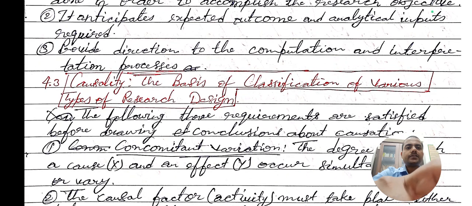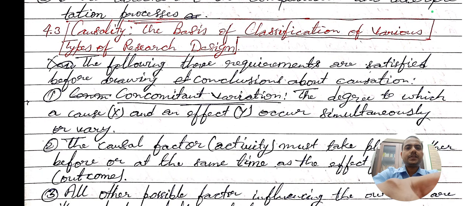Causality is the basis of classification of various types of research design, meaning various types of research designs are classified based on causality. The following three requirements must be satisfied before drawing conclusions about causation.